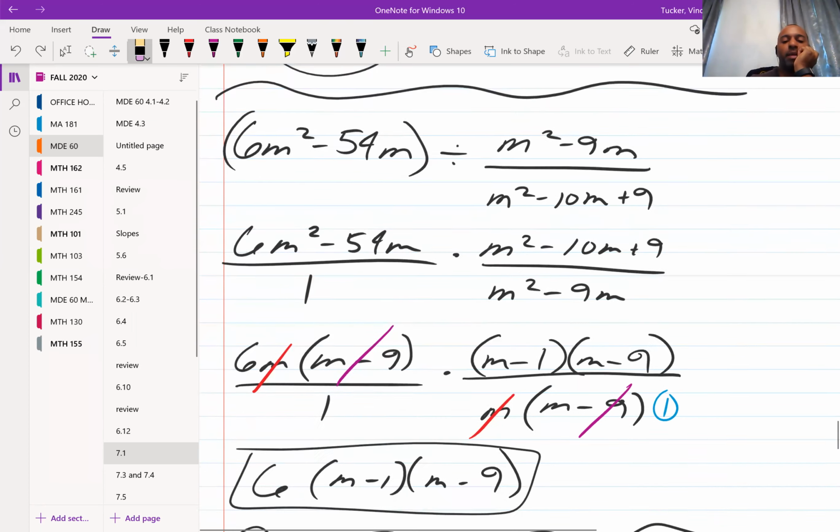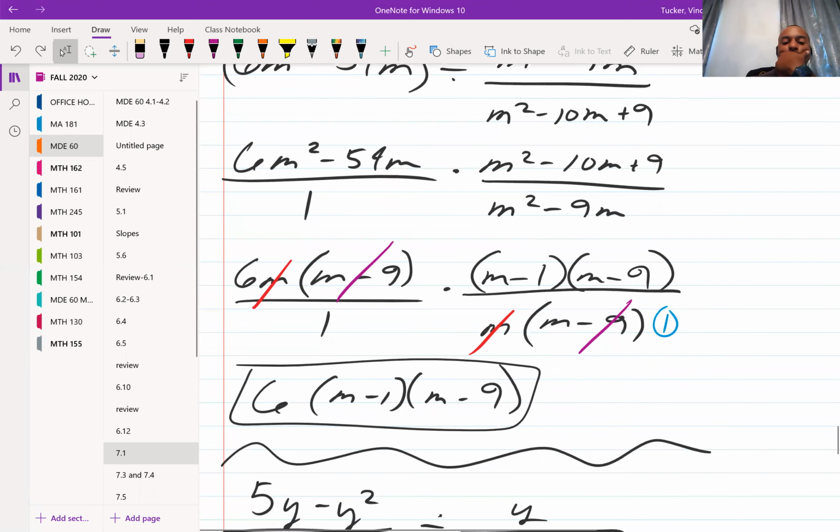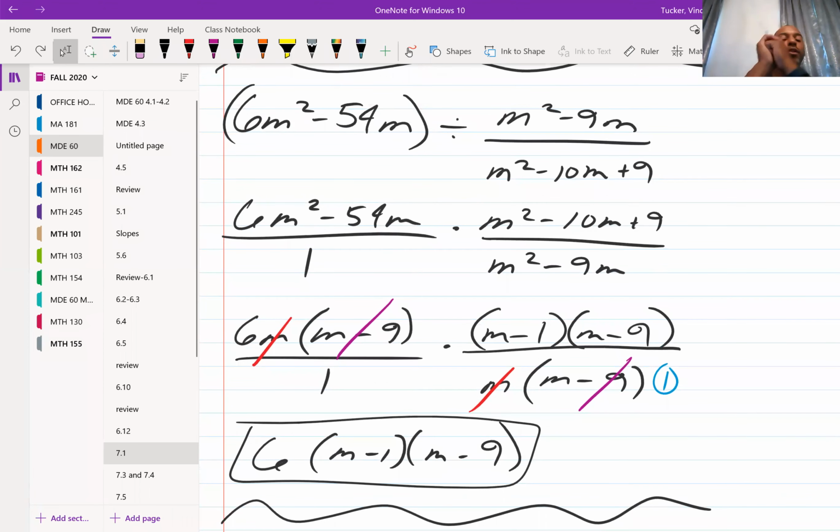Everything in the denominator canceled out, and that left us with just 1. And then in the numerator, we have 6, m minus 1, m minus 9. Any questions?